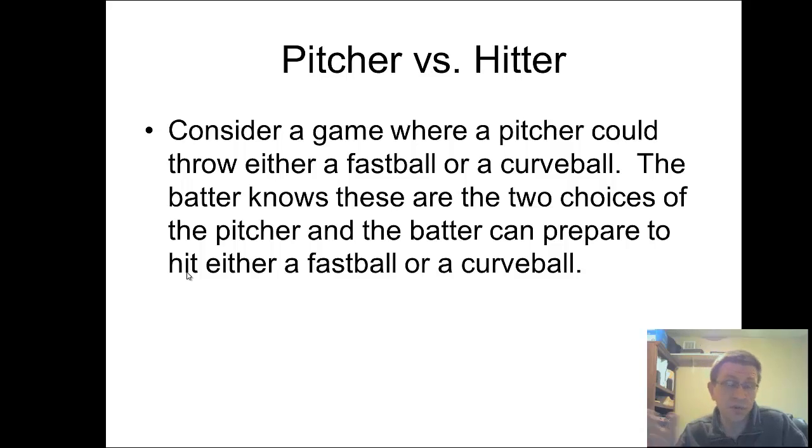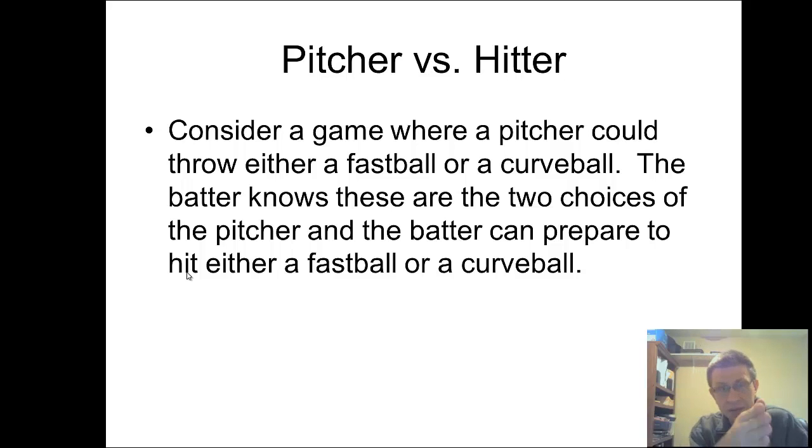So pitcher could throw a fastball or a curveball, right? The hitter or the batter could prepare for a fastball or a curveball. Now, without putting up the payoff matrix, you should be thinking there's no way there could be a pure strategy Nash equilibrium here, because the pitcher will want to throw whatever pitch the hitter is not planning for, right?